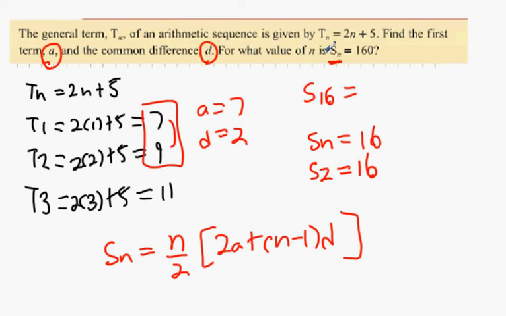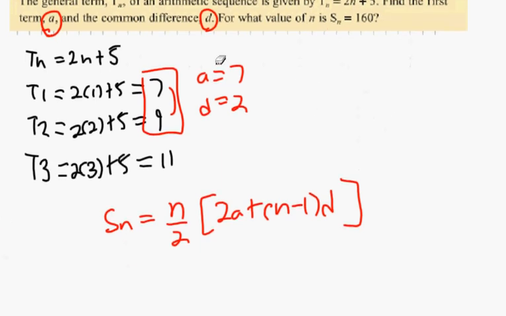Whereas Sn equals 160, how many terms does it take us to add together to give us 160? That's what we're being asked. In order to do a question like this, we adjust the Sn formula.